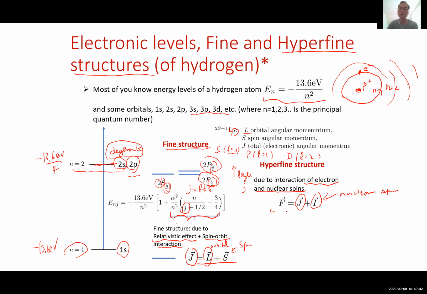And if we take the entire system, including nuclear spin, we have an angular momentum called F. The effect is that because nuclear spin interacts with electron spin, the level can be further split. For example, I just show that the S 1/2 level is further split into 2 subsets. The lower one is called singlet, the upper one is called triplet.